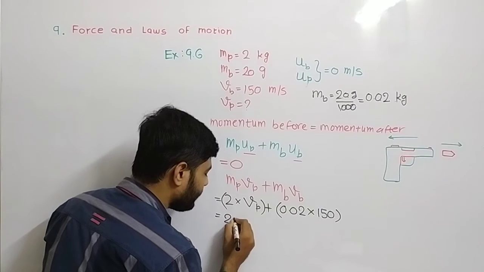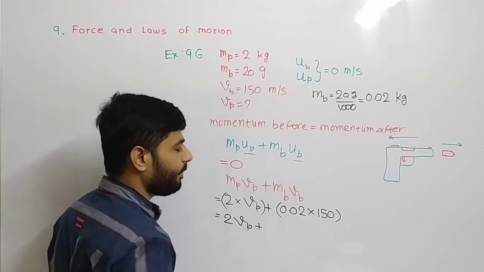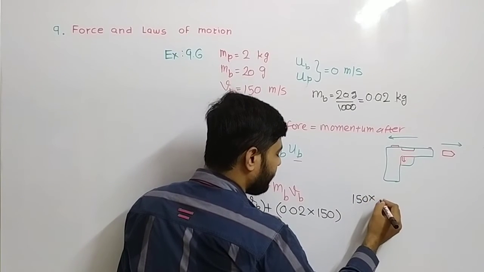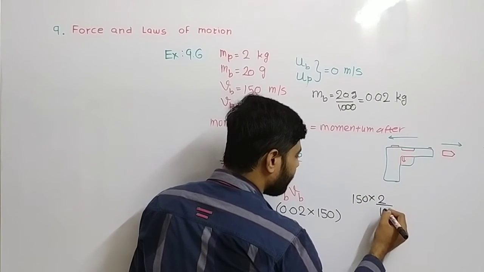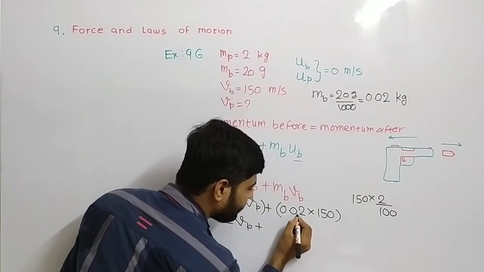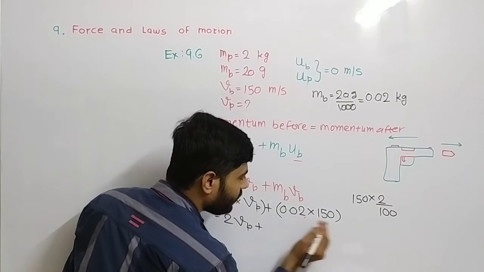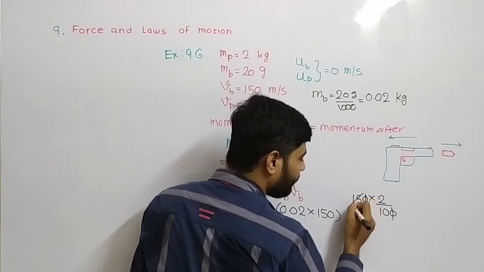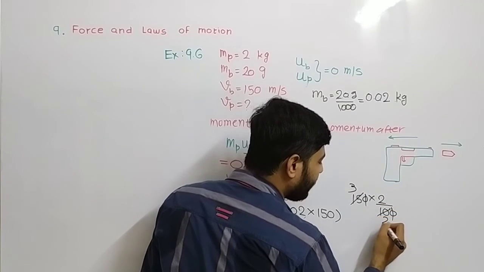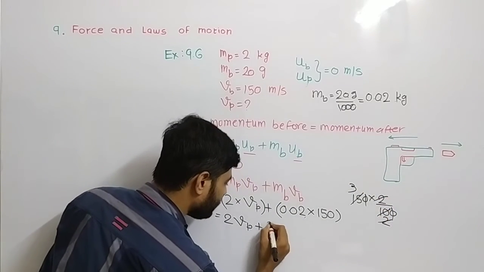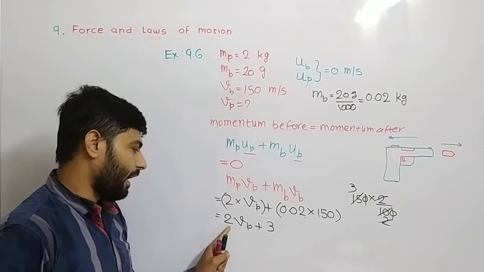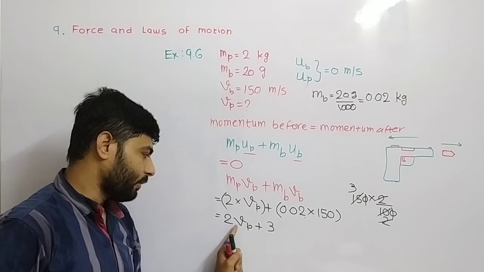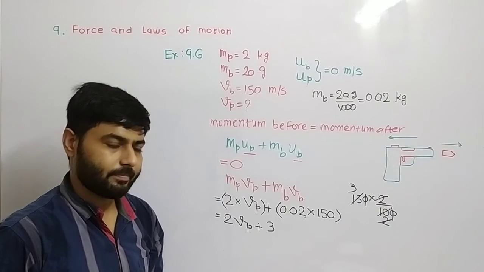This is 2 VP plus 150 multiplied by 2 divided by 100. So 5 threes are 15, and I have 3. So after firing I have total momentum 2 VP plus 3.